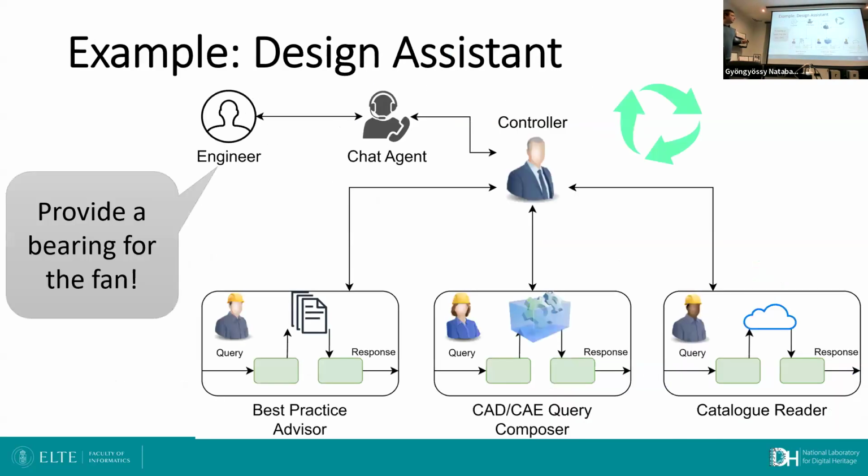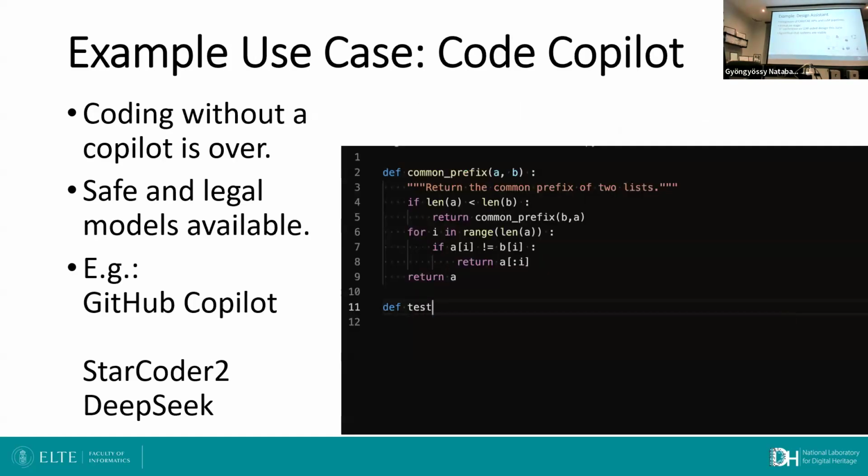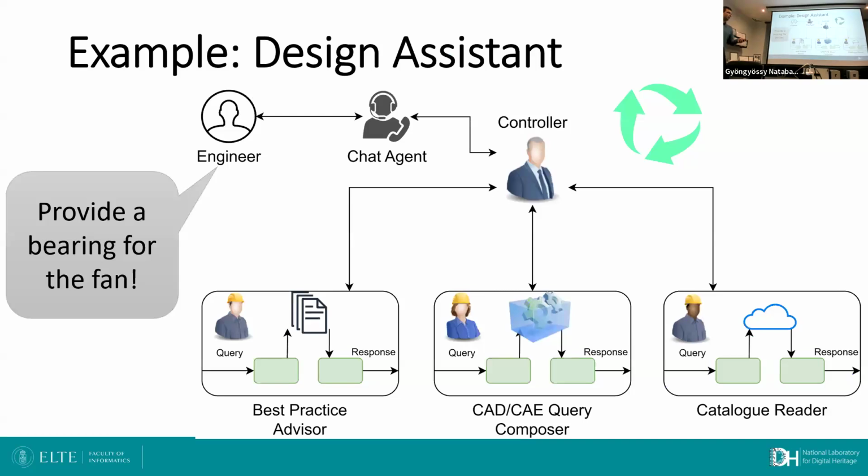Okay, and then here I have an example about agent systems. How to use this, for example, in production or in engineering practices or engineering design. It is really a toy example: provide a bearing for the fan. What is the bearing? What is the fan?